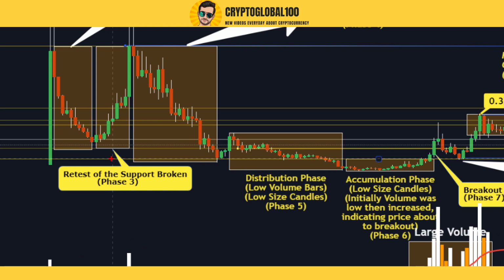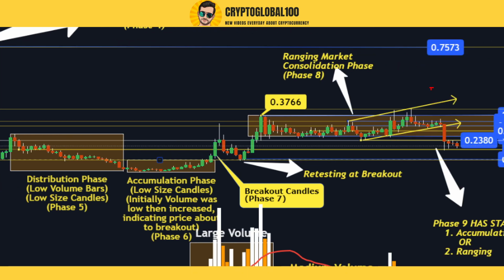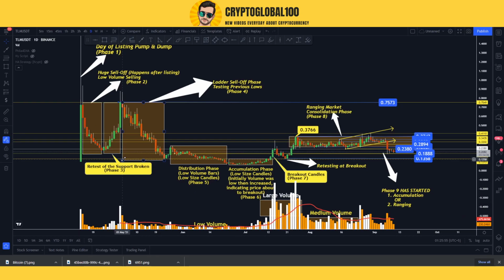Now phase 3 always happens whenever you're done with a sell-off: the price tends to go to the area where the first candle of the day was closed. Here the first candle was closed on day 1, and the price again came back to this area and retested it. It retested at this level at 0.7573. What happened afterwards?